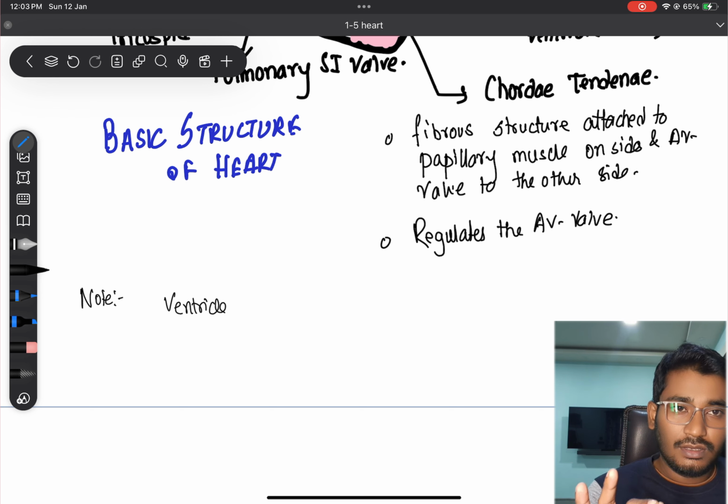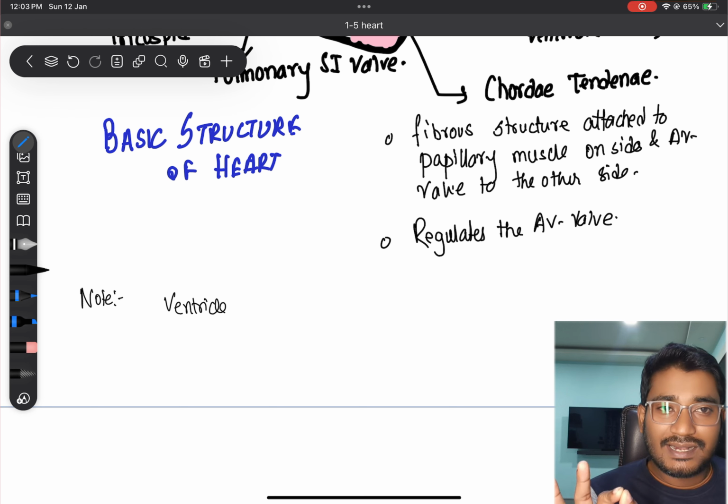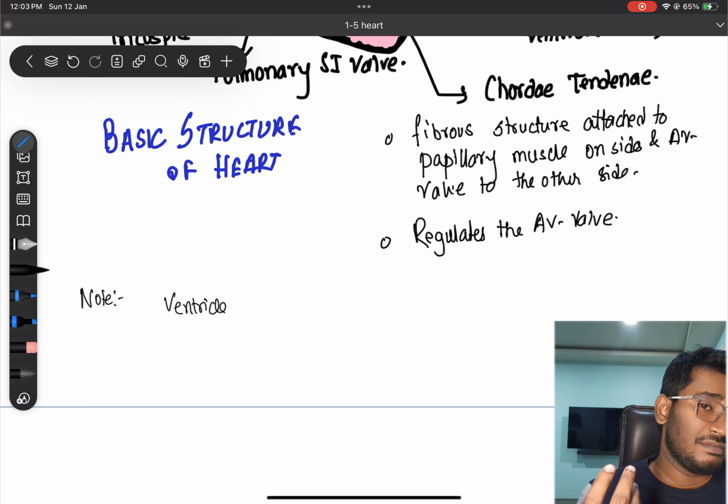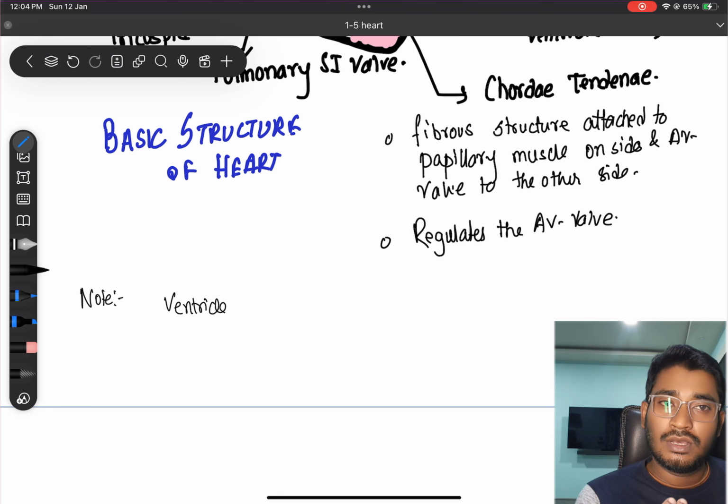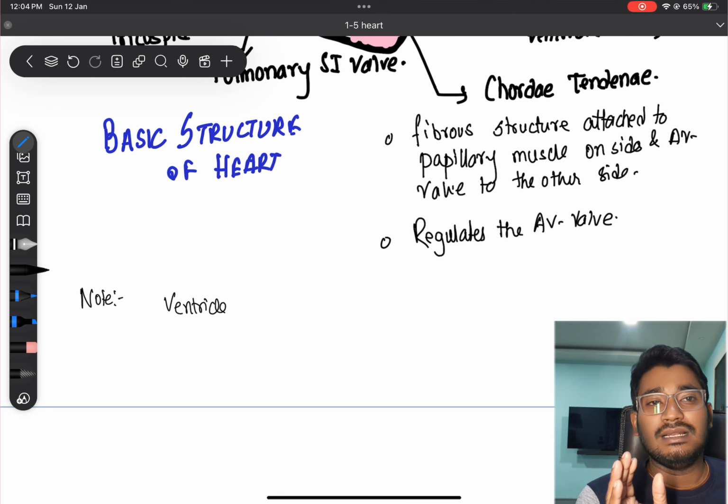This pumping capacity of the heart depends on the thickness of the ventricular wall. If the ventricular wall is thickened more, then the pumping will become less. If the ventricular wall is narrowed, the pumping will again become less.